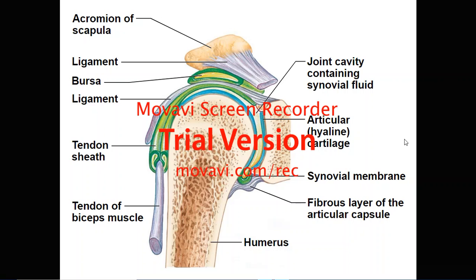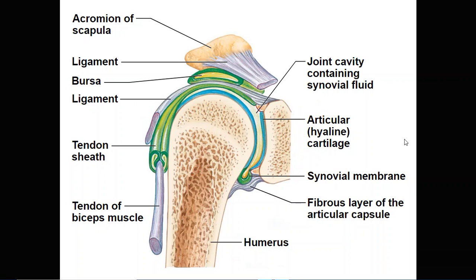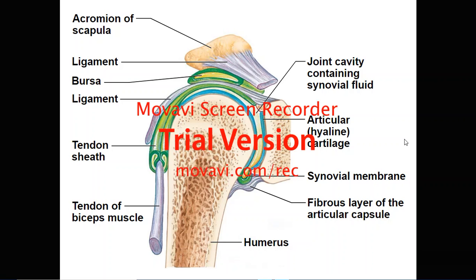So your tendon sheath is essentially an elongated bursa that wraps completely around a tendon subjected to friction. Think of it like a bun wrapping around a hot dog.